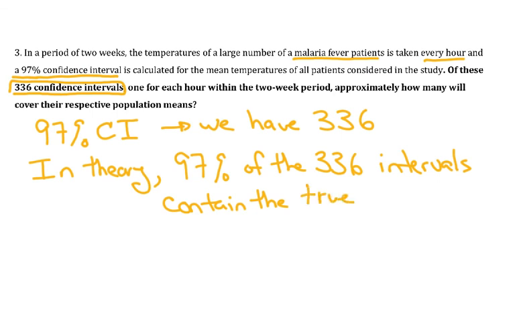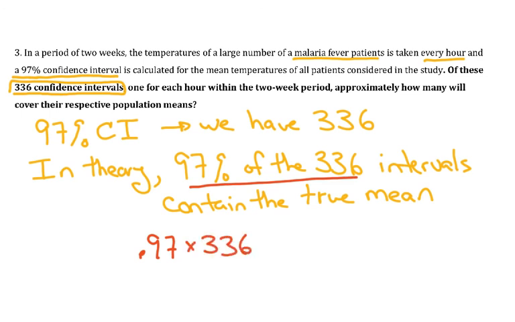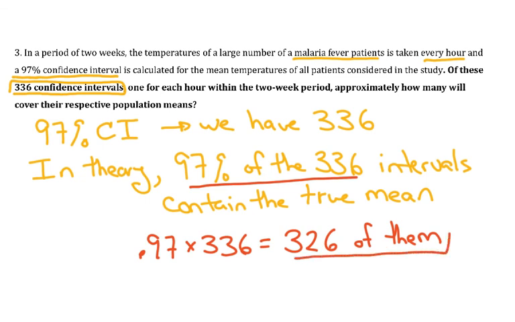So how do I figure out what that number is? Well, 97% of 336 would be 0.97 times 336. If we round to the closest whole number, that tells me that there are 326 of them. That's what the question is asking for.